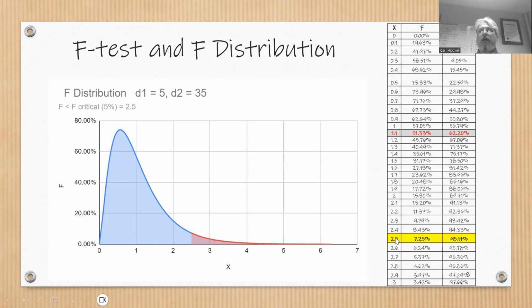Define that as a threshold of 2.5. And since our F turns out to be much smaller than that, 1.1, we have reason to say that this F is not giving us cause to assume anything unusual about this data.